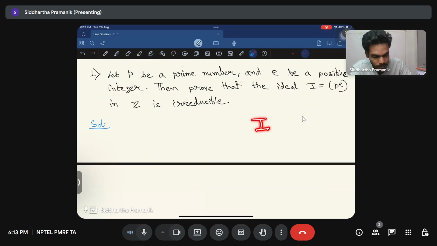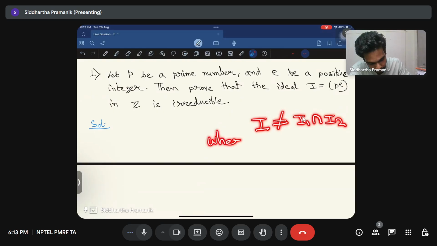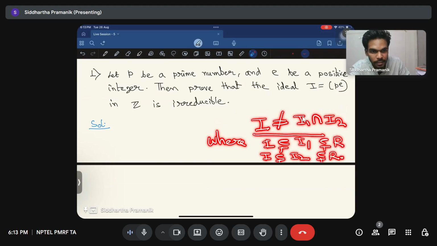The definition is that I cannot be written as an intersection of two ideals I1 and I2 where I is a proper subset of I1 and I is a proper subset of I2, and these are also proper ideals. So if the ideal cannot be written as an intersection of two bigger proper ideals, then we say that ideal is irreducible.